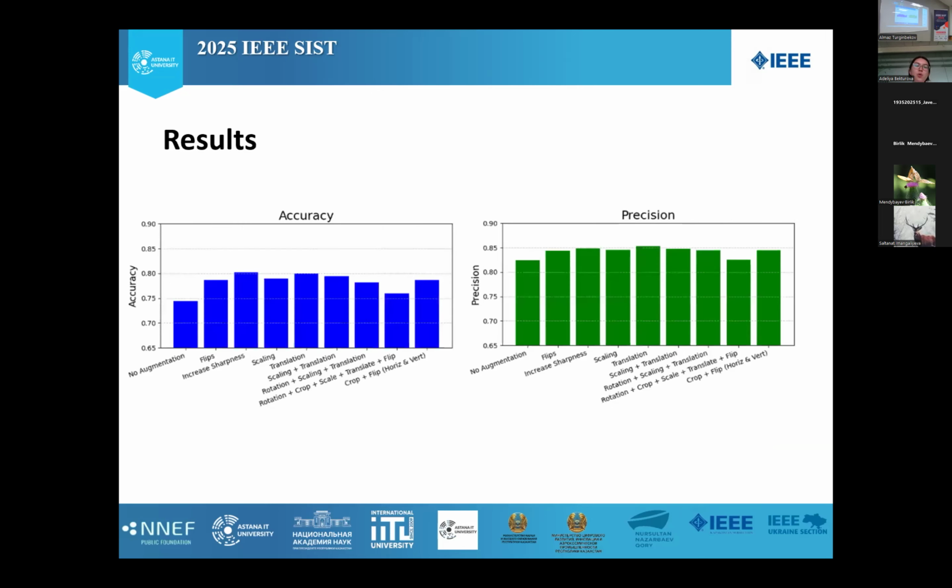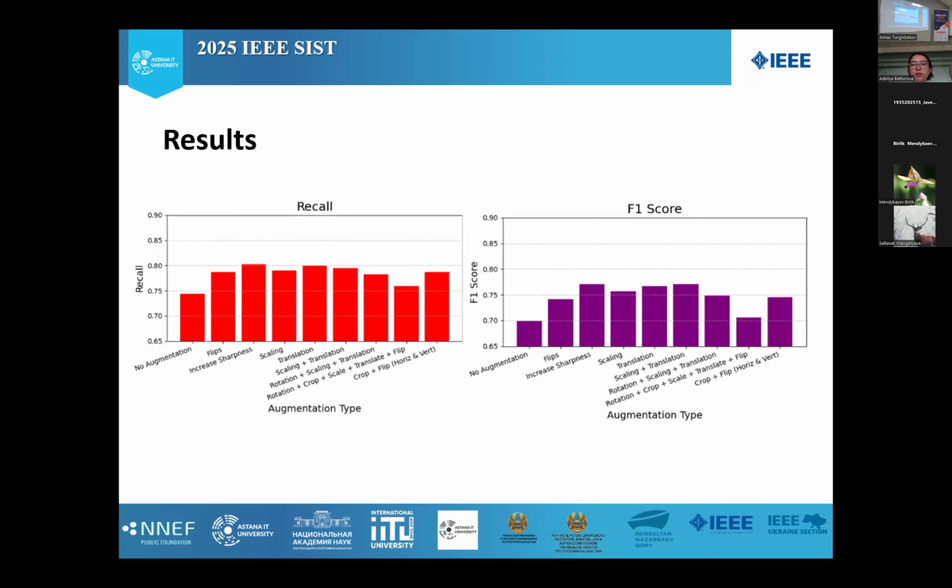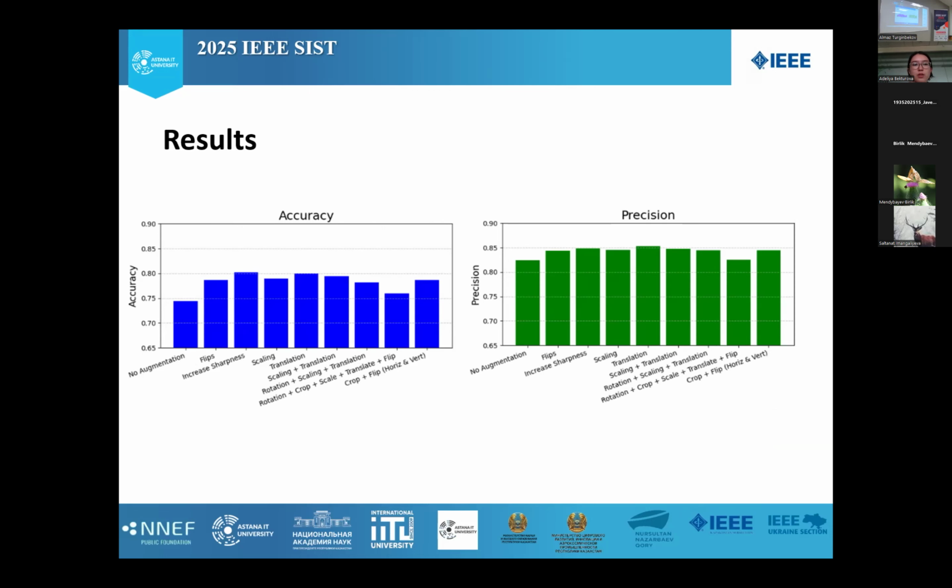So going to the results, here you can see that the first graph represents accuracy, second precision, third is recall, and fourth is F1 score. The first bar represents no augmentation.